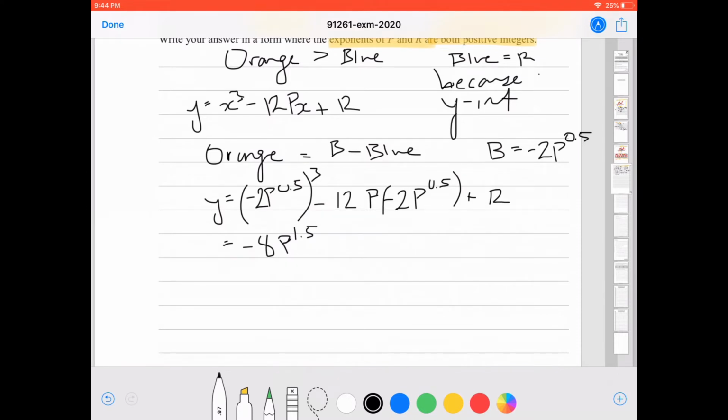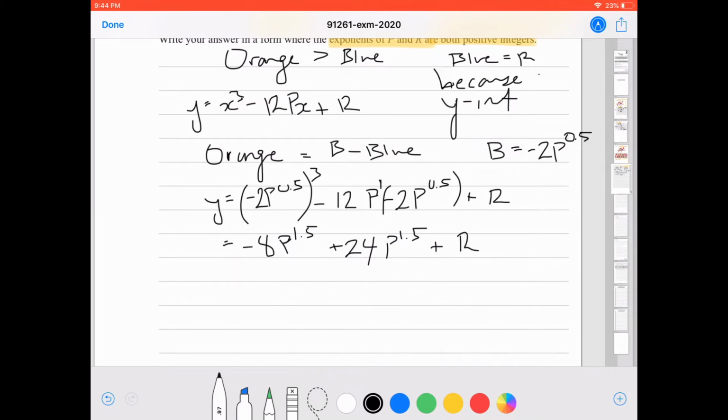And we've got positive 24 multiplying, we're multiplying this bracket now, positive 24, and then p. We're multiplying the two p's, meaning we're adding the indices, so it's going to be p to the power of 1.5, and this is plus r.